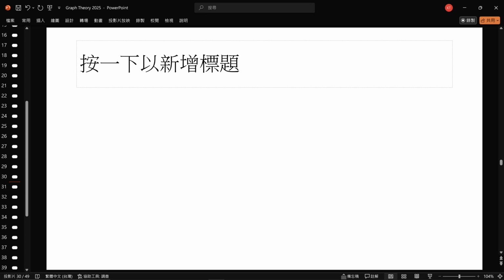We're going to first find the vertex that has the smallest degree, or degree 0. In our previous example, this is Vn. We want to add some edges between Vn and some other vertices.